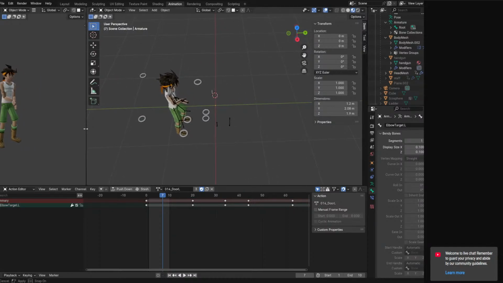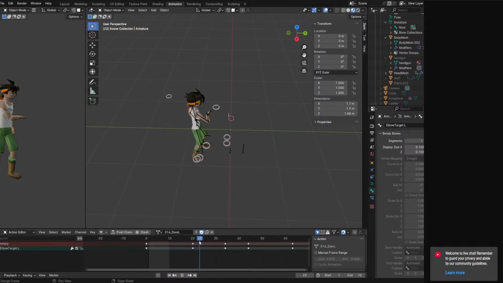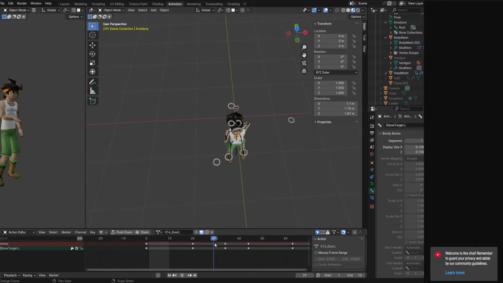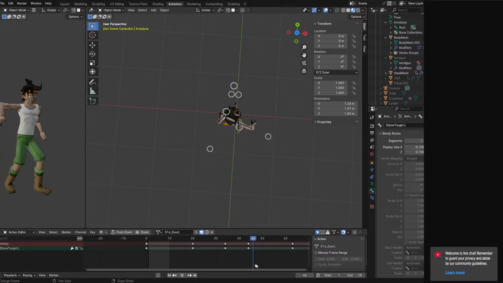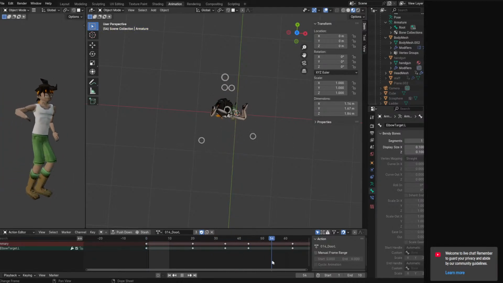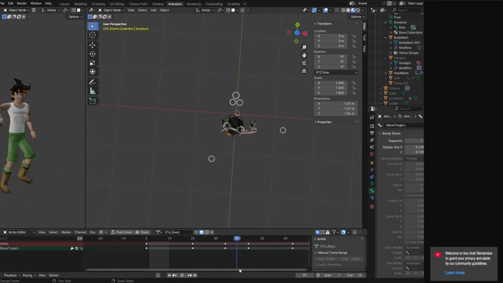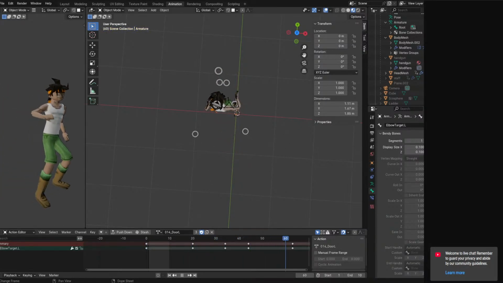So in this one, the player is grabbing the doorknob with his right hand and pulling. Okay, so he's pushing the door.